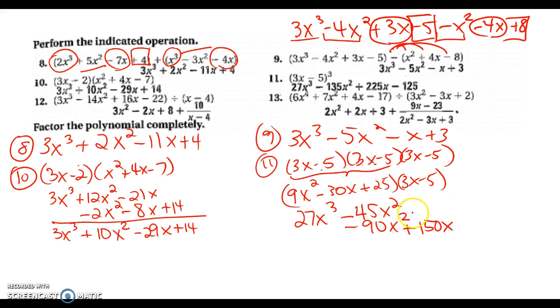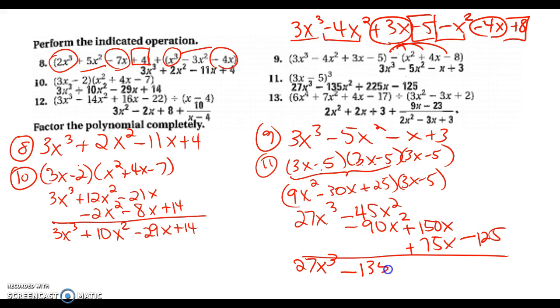And then we'll have plus 75x minus 125. So, alright, 27x to the third minus 135x squared plus 225x minus 125. Oh, thank goodness we got the right answer.